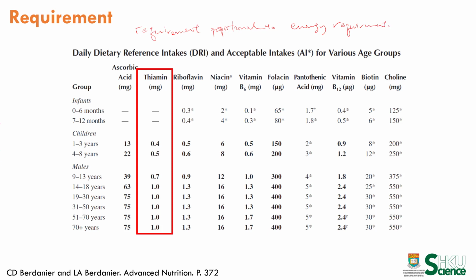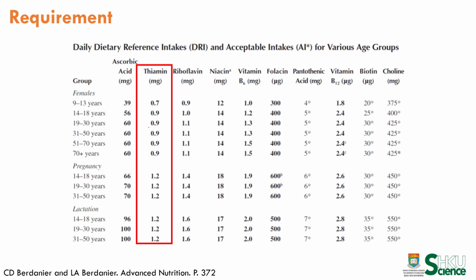Therefore, you see that children who are smaller in size and thus having lower energy requirement require less thiamine compared with adults. And same goes for female versus male, because females tend to require a bit less energy than males, with the exception of pregnancy and lactation, both of which would increase the energy requirement for the women.